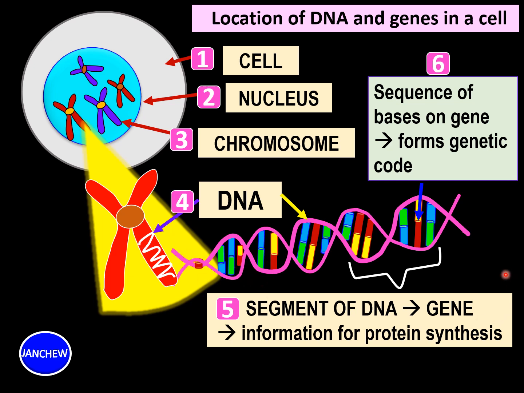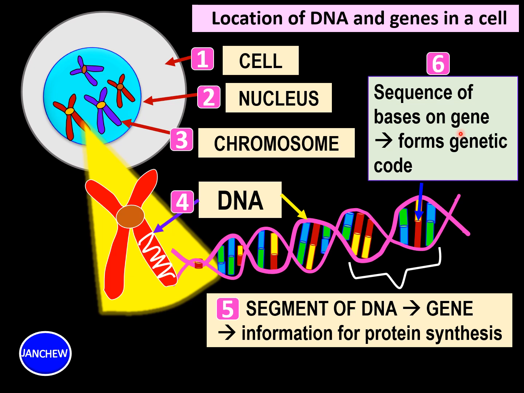So in the genes, where is the important part that stores the genetic code with the information for the synthesis of a specific protein? It is the sequence of bases in the center of the DNA molecule. The bases being adenine, thymine, cytosine, and guanine.